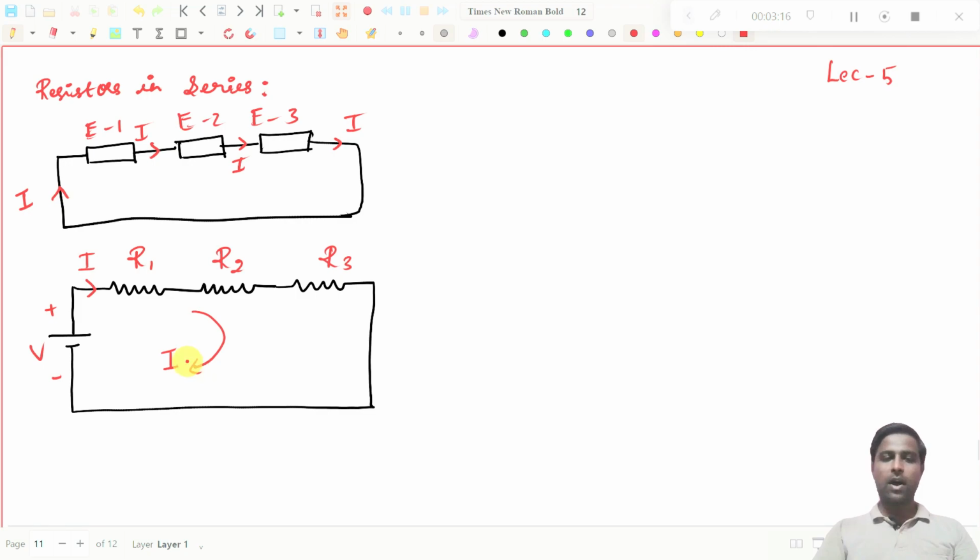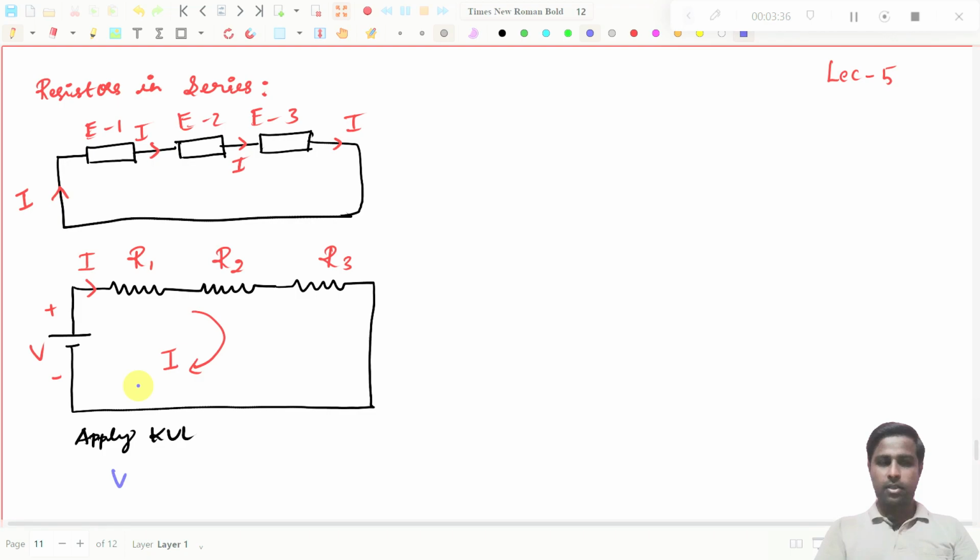So if you apply KVL, what do you get? Going from minus to plus, and in all the resistors the current direction is the same.